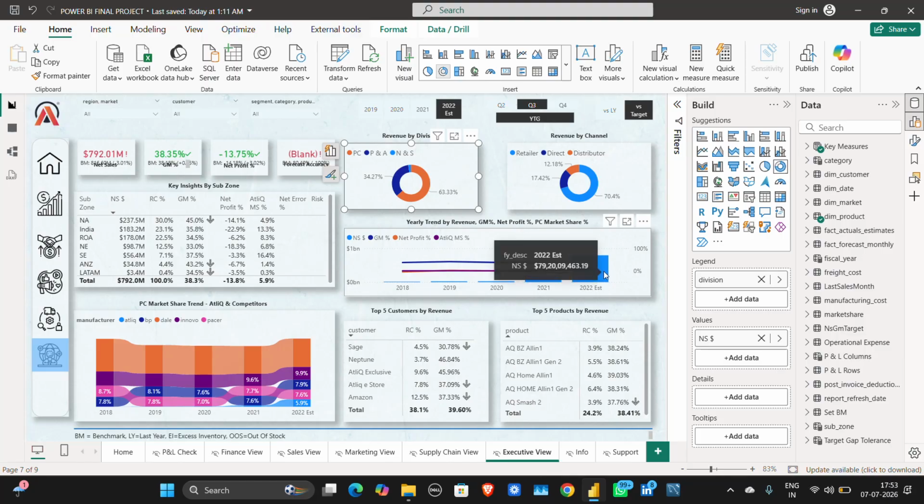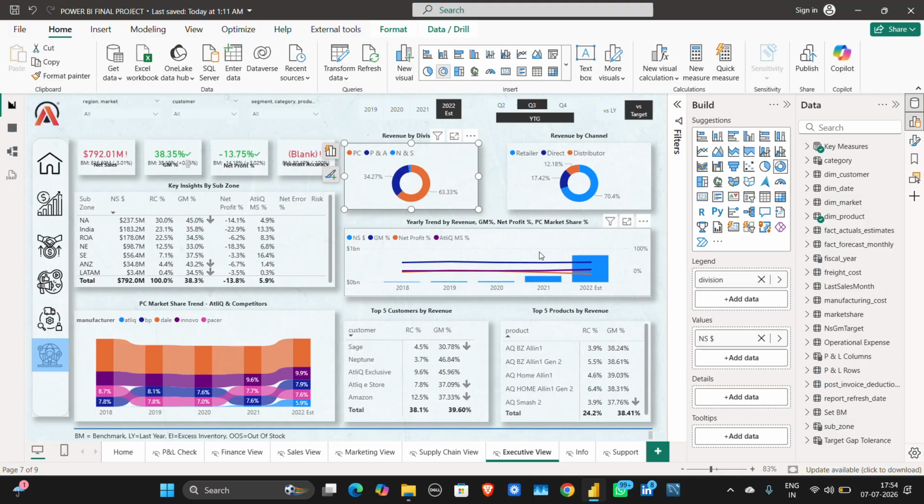For example, the revenue may continue increasing each year, but if net profit starts declining, it could indicate rising operational costs that require further investigation. Likewise, if market share grows alongside revenue, it suggests that the company is strengthening its competitive position within the industry, right?